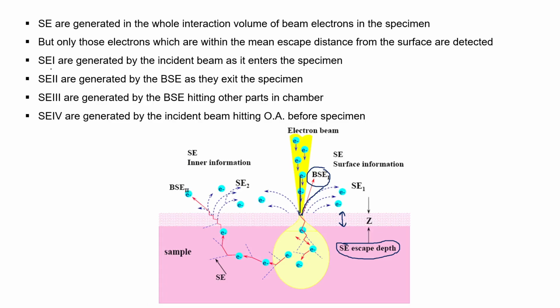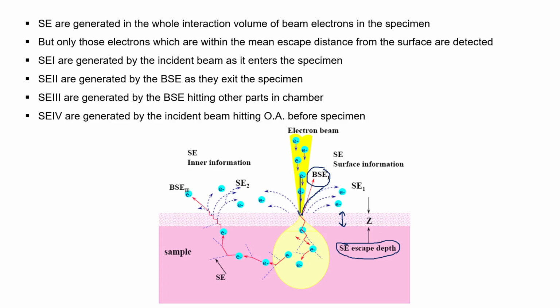Now we will see about the secondary electrons. Secondary electrons 1, SE1, are generated by the incident beam. So this is the incident beam, and the secondary electrons generated from this region are known as SE1. SE2 are the ones generated by the BSE as they exit the specimen.